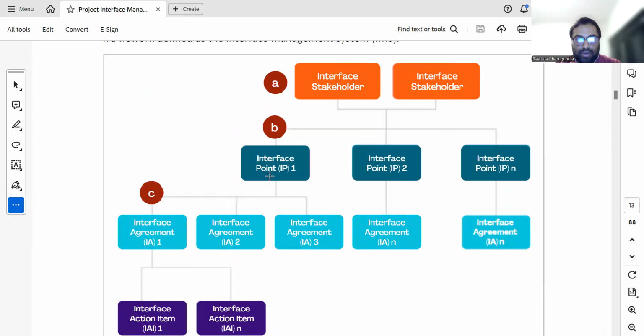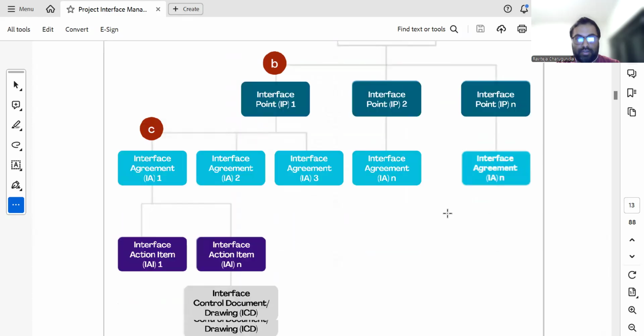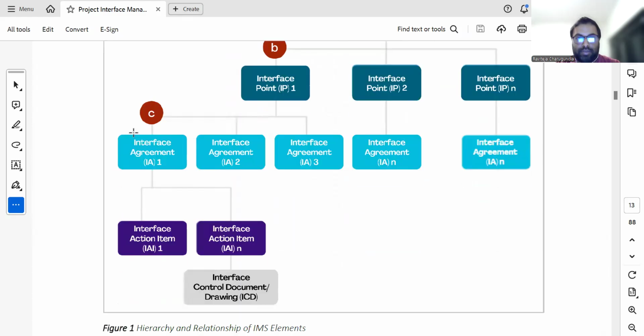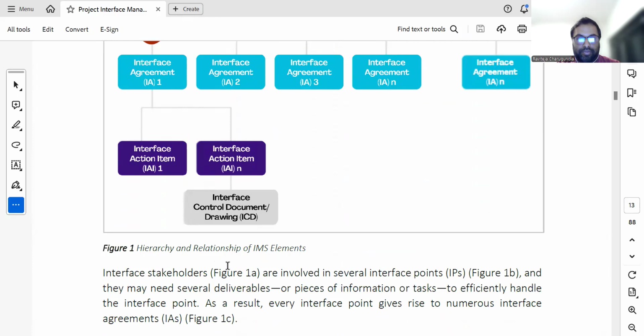Each interface point has an interface agreement, like interface agreement one, agreement two, agreement three, and up to n. Each interface agreement has interface action items. And each interface action item has the final endpoint. We call it an interface control document, or the drawings.